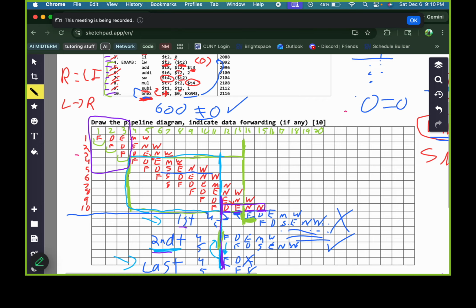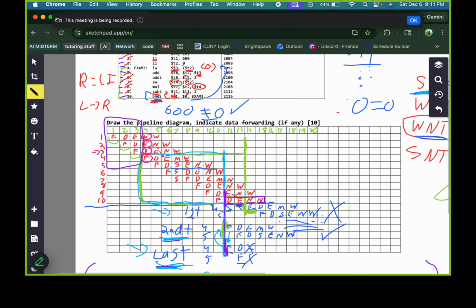All right, this is instruction 3, and this is its decode. So which of these stages is dealing with the MDR? Well, what we have to take into account is we have a fetch happening, an exec happening, and a mem happening all at the same time.